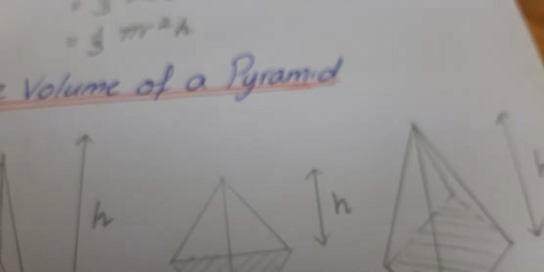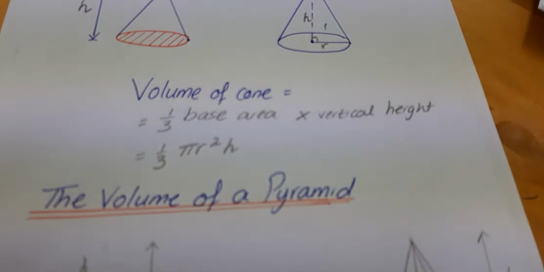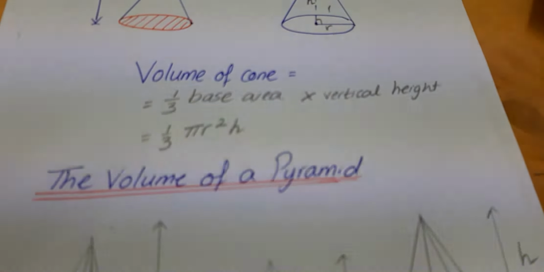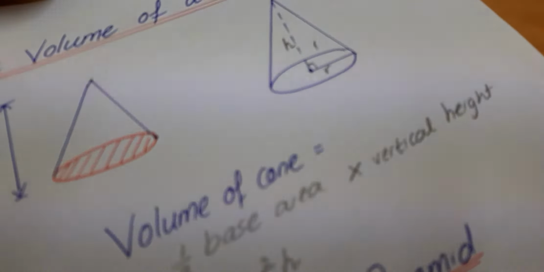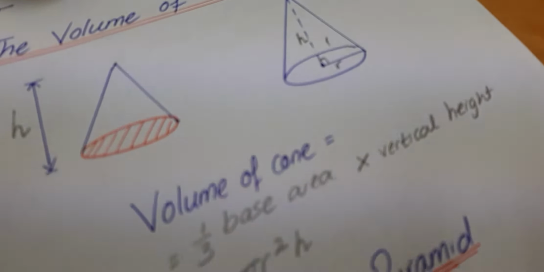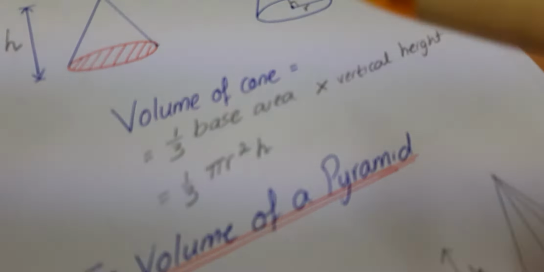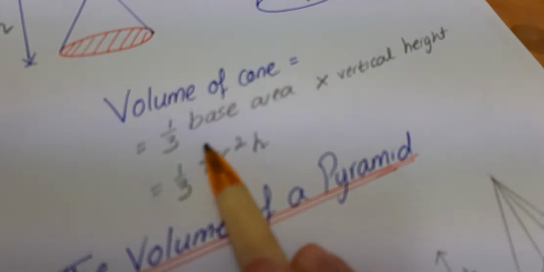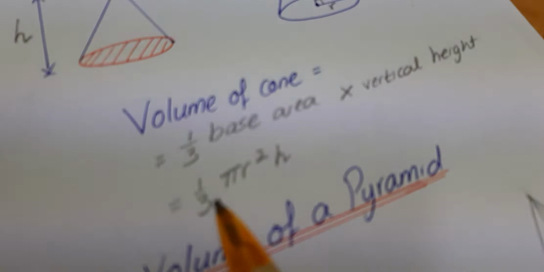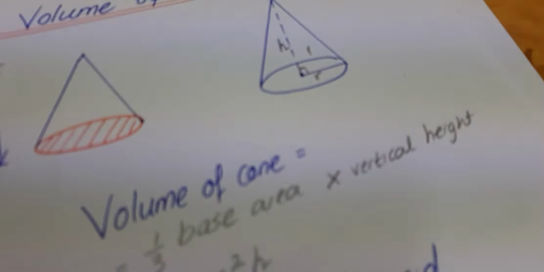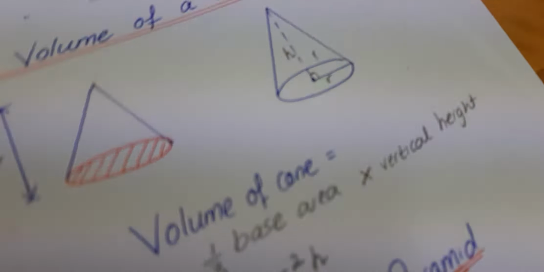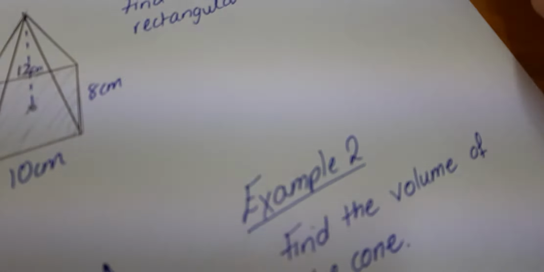It can be proven that if we find the volume of 3 cones or 3 pyramids, they will come to the volume of a cylinder, which is pi r squared h. So 3 of them will make 1 cylinder. And that's where it comes from. So it's 1/3 of that. Okay, let's go on and see an example.